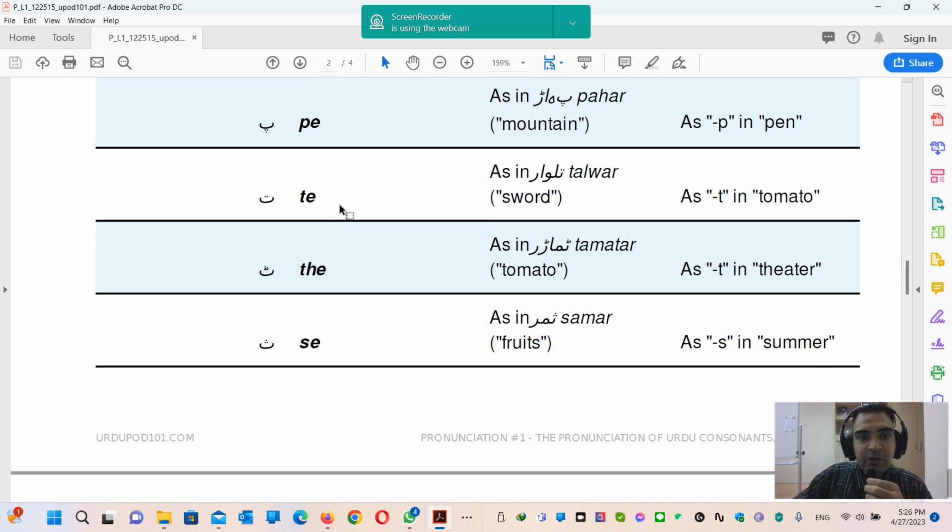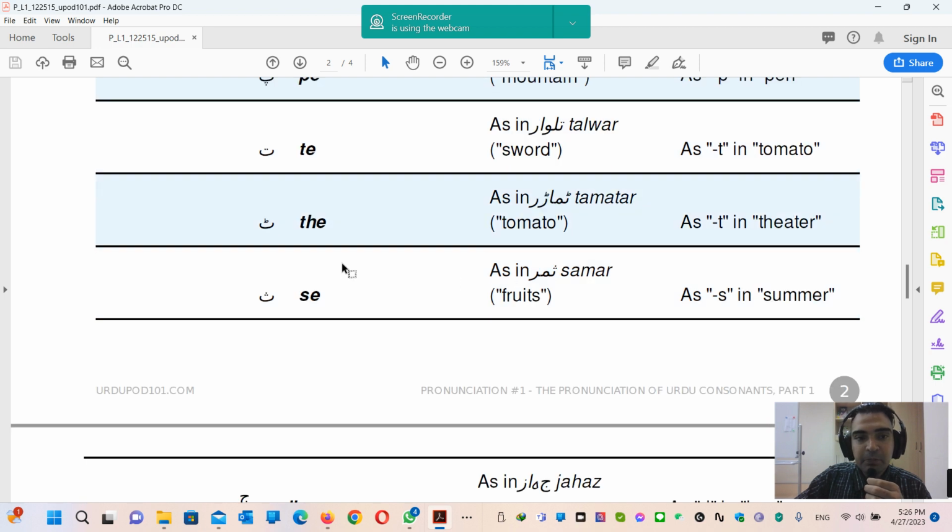And then we have the fourth letter, which is Te, just like talwar in Urdu, which means sword in English. Te is the primary component of the pronunciation of the word talwar, which is sword in English, just like T in tomato when it comes to English.